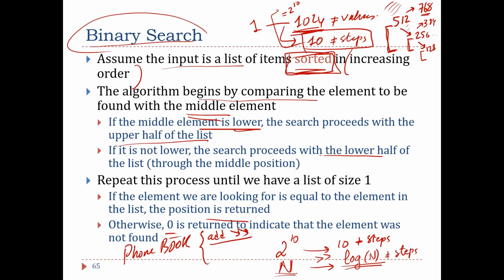So if you take the effort to put the value at the right place, I mean to keep your list sorted all the time, then the big benefit is that you can perform search, which you do usually so often, regularly, frequently, with a much better performance. So just take care of adding the elements in a certain way, so as to enable making a binary search in the future.